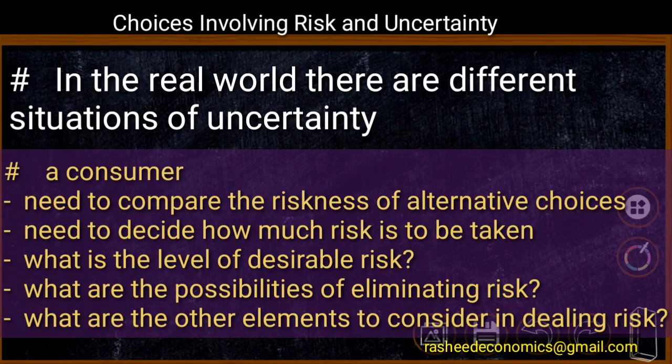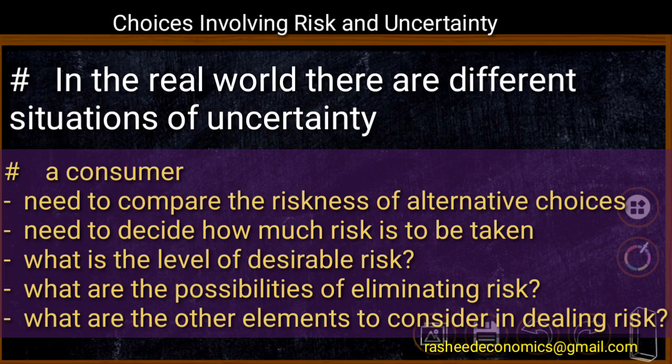Therefore, a consumer normally needs to compare the riskiness of alternative choices. A consumer needs to decide how much risk is to be taken, or what is the level of desirable risk. What are the possibilities of eliminating risk, or how can the risk be reduced?